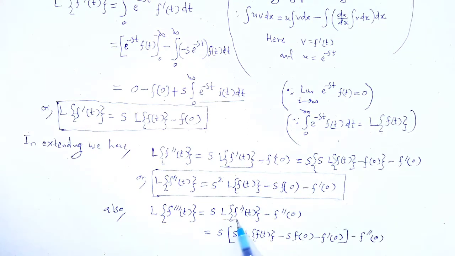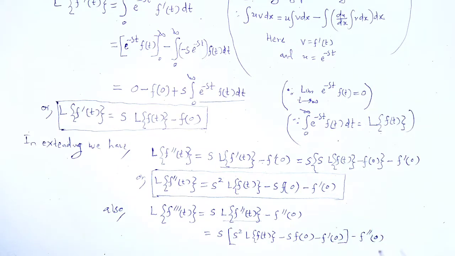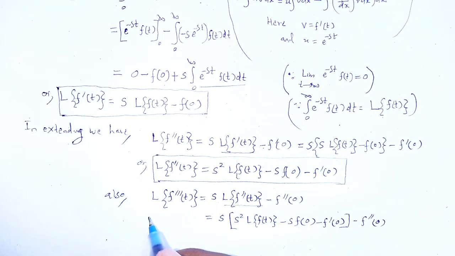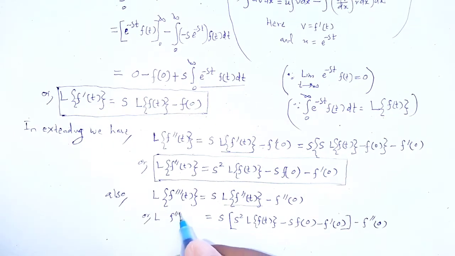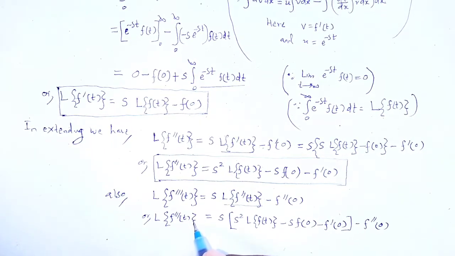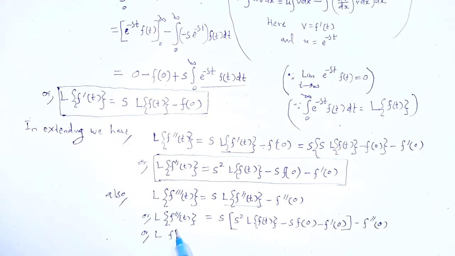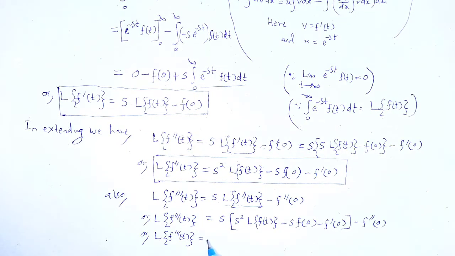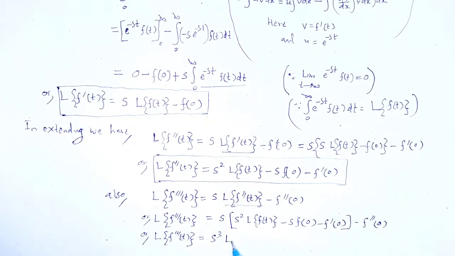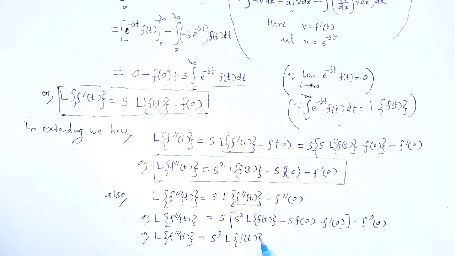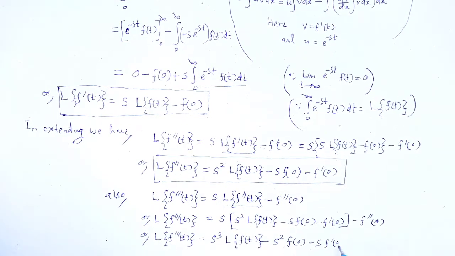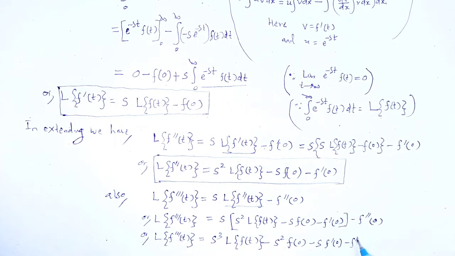In place of Laplace transform of f double dash t, we put these values. Therefore, we have Laplace transform of f triple dash t as s cube Laplace transform of f of t minus s square f at 0 minus s f dash at 0 minus f double dash at 0.